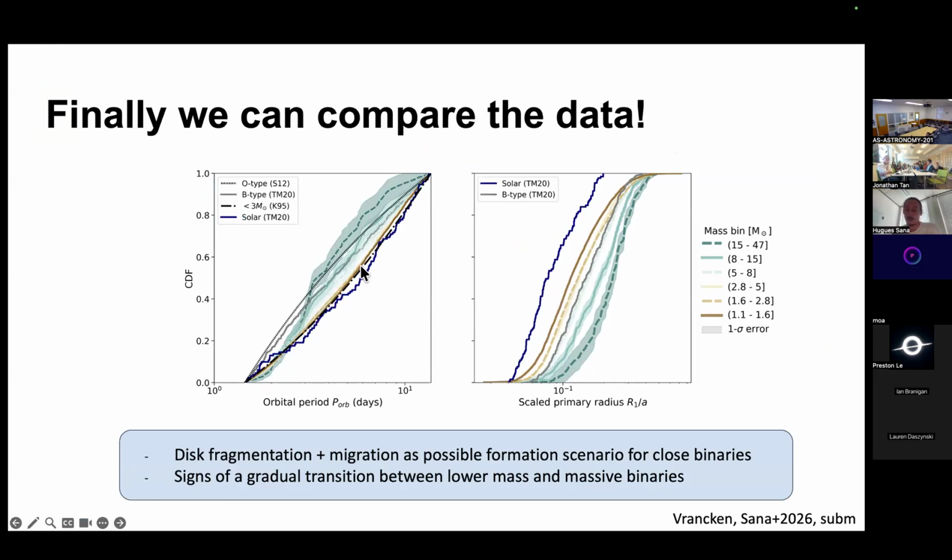But the transition is smooth. Of course, it's a study limited to periods of 10 days, which is a big shortcoming, but this is the data that allowed us to do that. Solar type stars have a log normal distribution with a very wide separation. Massive stars have a flat distribution with a typical separation of the order of a fraction of an AU. Somewhere between a 1 solar mass star and a 10 solar mass star, things need to change.